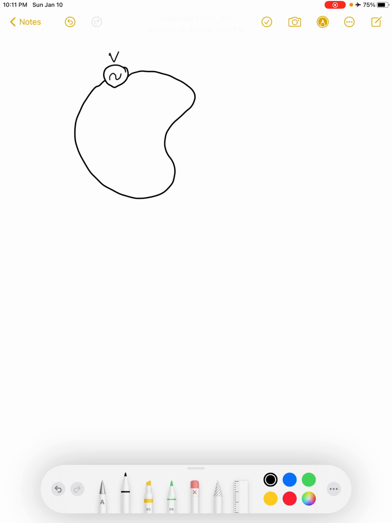However the antenna is shaped, we have some point P over here.